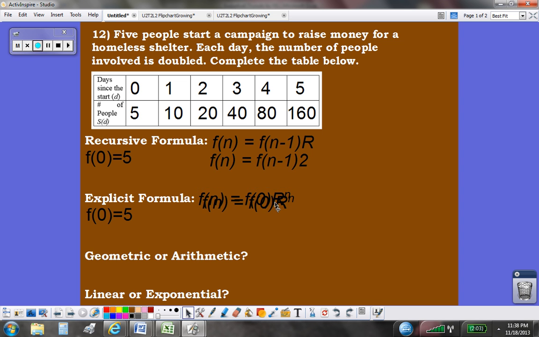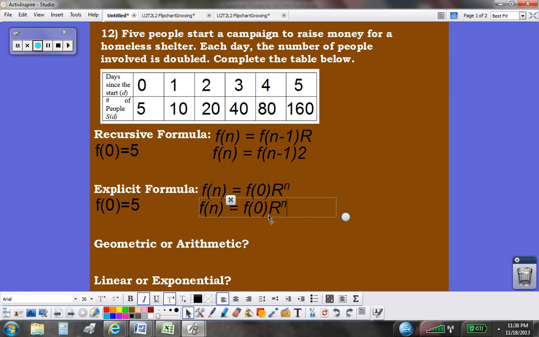For the explicit formula, I do know the f of 0 term, that's 5. So again, part of the problem is some of you left that as is. That's something you can substitute out. The ratio, you know, shift button's not working. Okay, the ratio is 2, so I'm going to change that out.